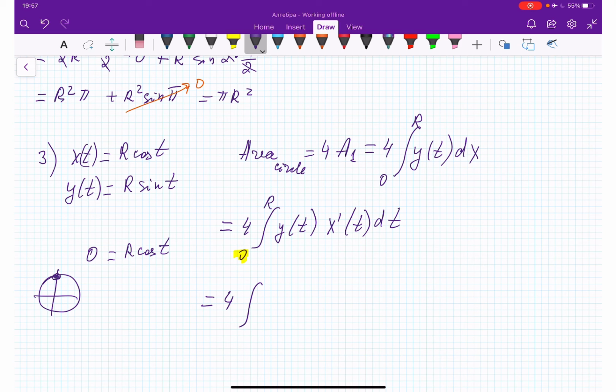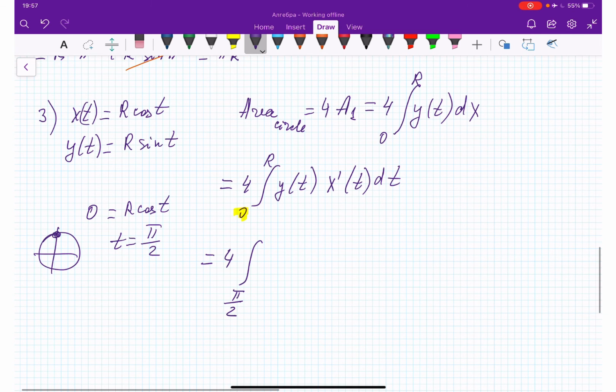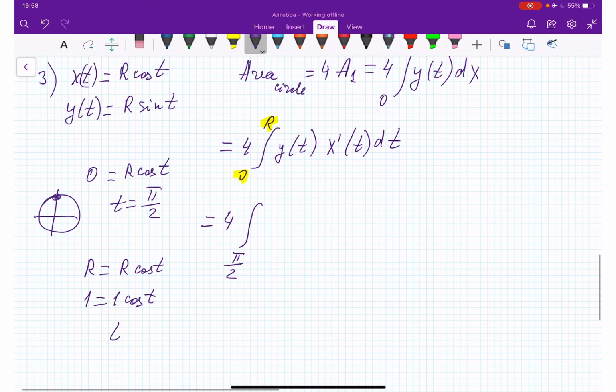Cosine equals 0, so t is going to be half a pi. And when x equals r, we substitute r equals r cosine t, which is 1 equals cosine t, and t is going to be 0, right? Because at 0, cosine t is equal to 1.